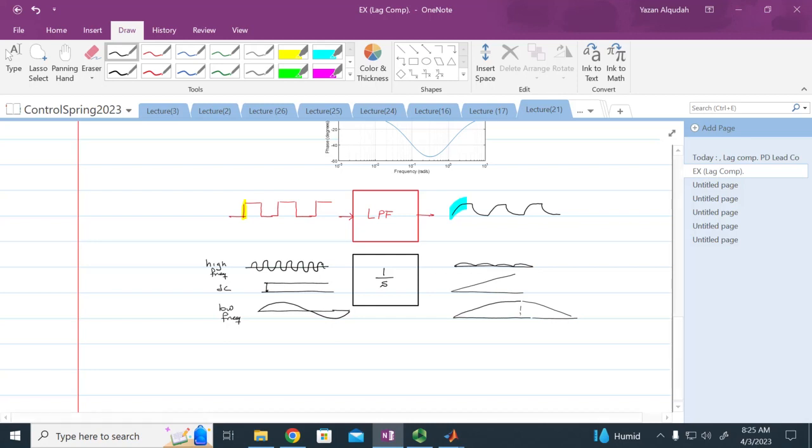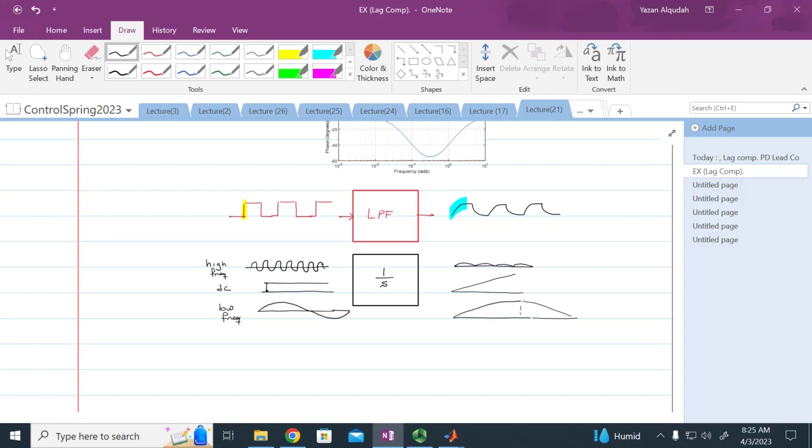So what does the integrator act like? High pass filter, low pass filter, band pass filter? What else? More accurately than band pass, it acts like a low pass filter.